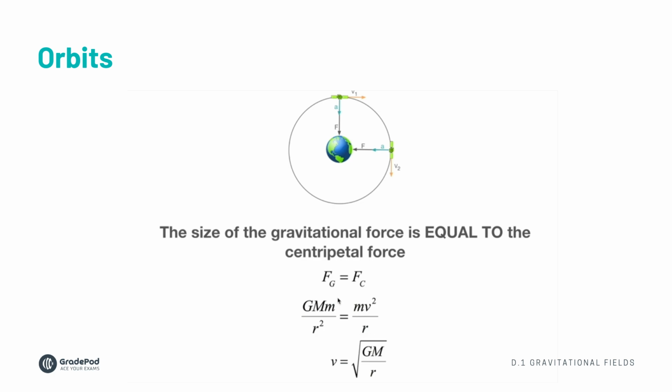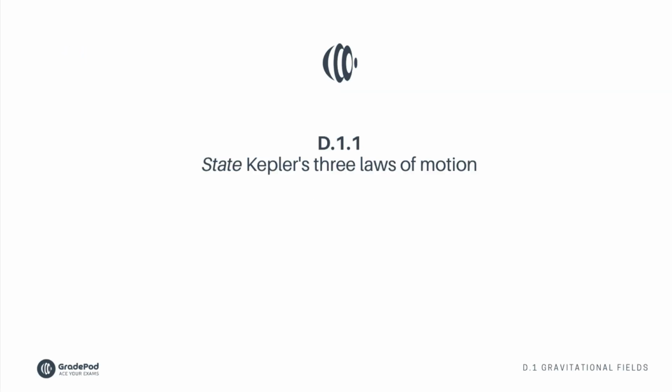Both of these m's can cancel out, one of the r's can cancel out, and we can rearrange it to find the velocity of an object at any point, depending on the mass of the central object and the radius of the object that is in orbit. So when we're looking at orbits, always remember that the gravitational force is equal to the centripetal force. And you come out with this very easy expression.